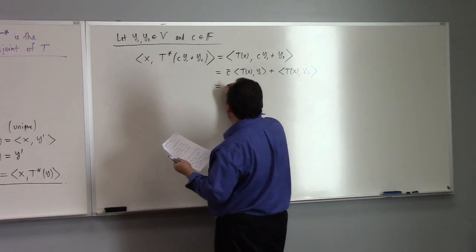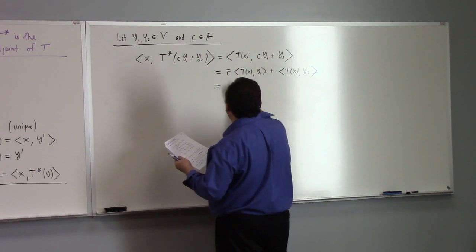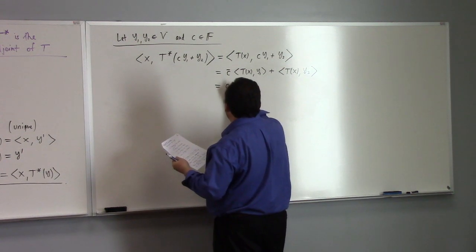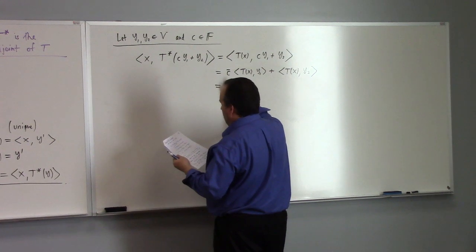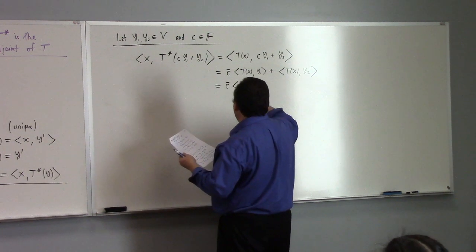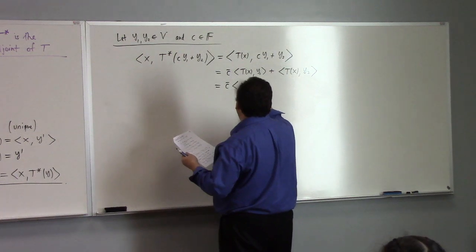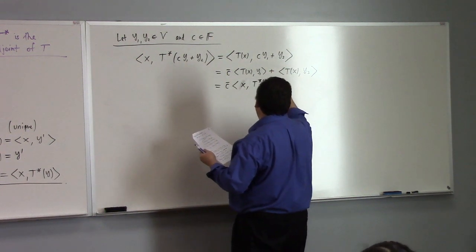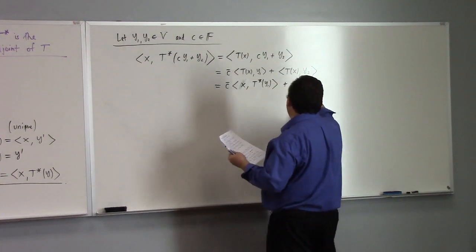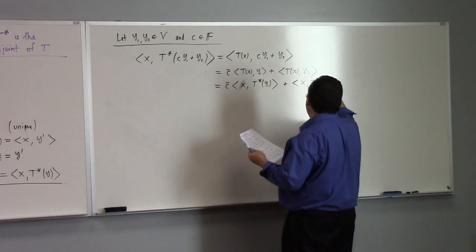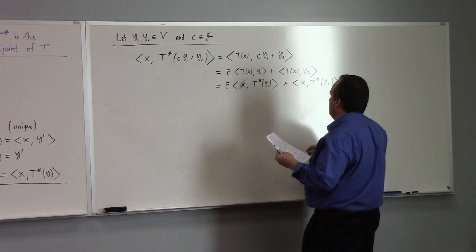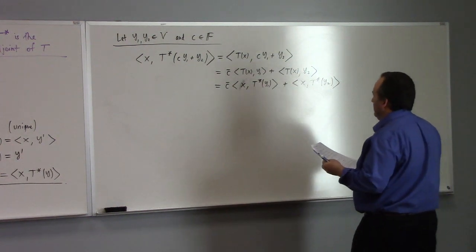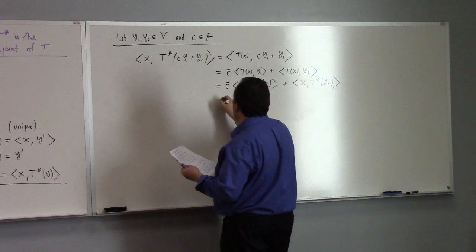And then we use the definition of T star again to shift it back. So we've got c bar x, T star y1 plus x, T star y2. And then we can bring the c back inside.